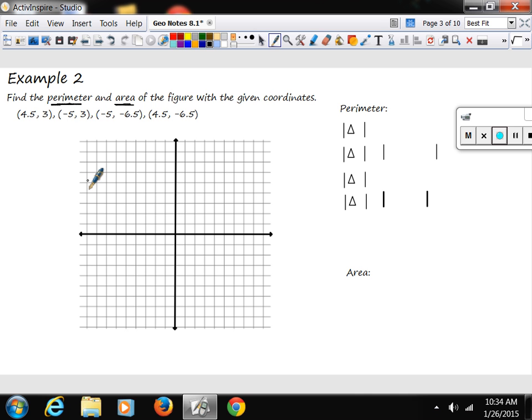But let's go ahead and graph these 4 points. 4.5 comma 3. So over 4.5 and up 3. So probably right in this area. And then negative 5, 3. So it's right in this area right there. And then negative 5, negative 6.5.